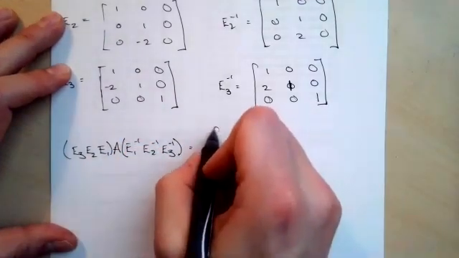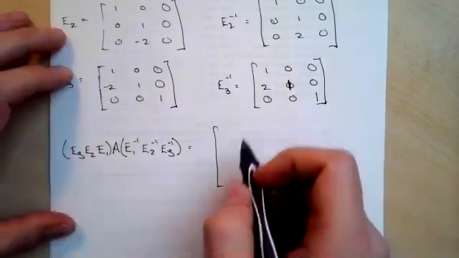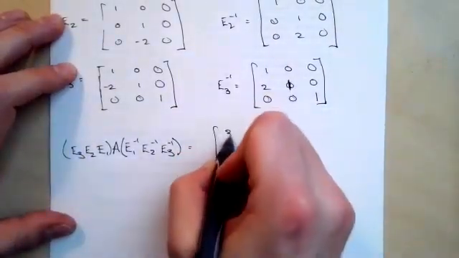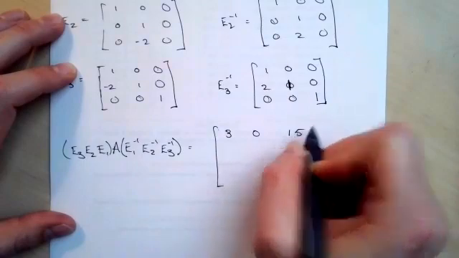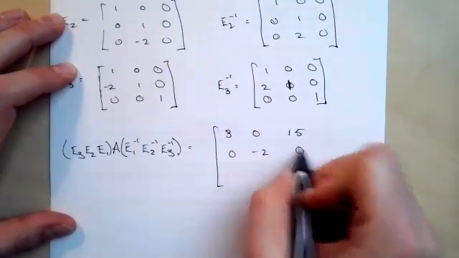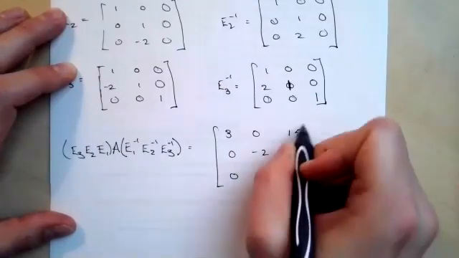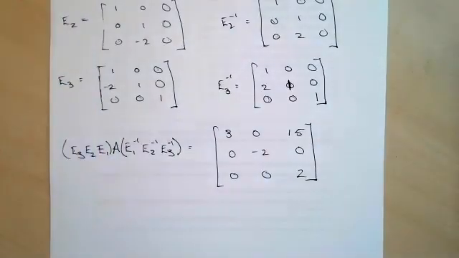And then what did we arrive at? Our end matrix was 3, 0, 15, 0, -2, 0, 0, 0, 2. Now, this is a pretty nice matrix, right?